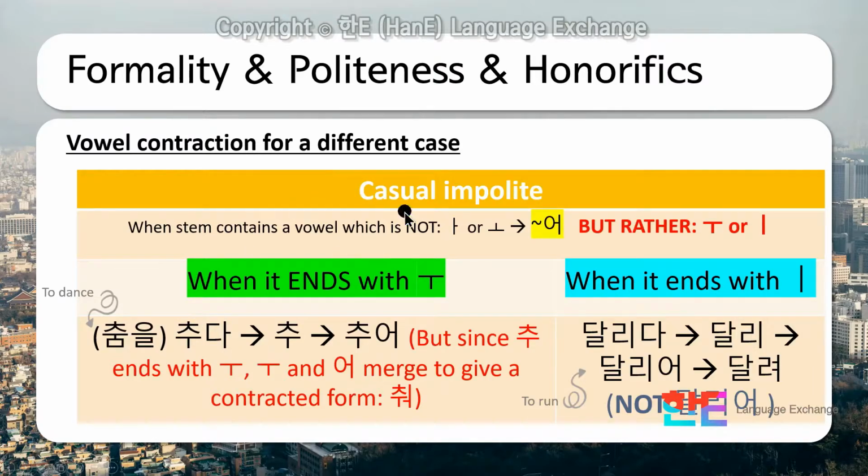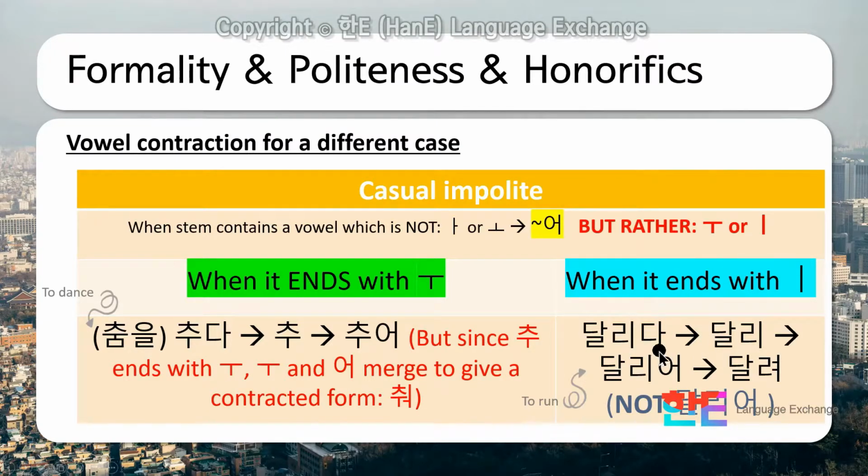Now when it ends with u, notice how u is a vowel that is different from these two. And it actually ends with it. It's not just containing it, it ends with it. We're gonna add 어, but we're also gonna merge them together. And that gives us 춰. 춤을 춰요. 춤을 춰. 추어 becomes 춰.